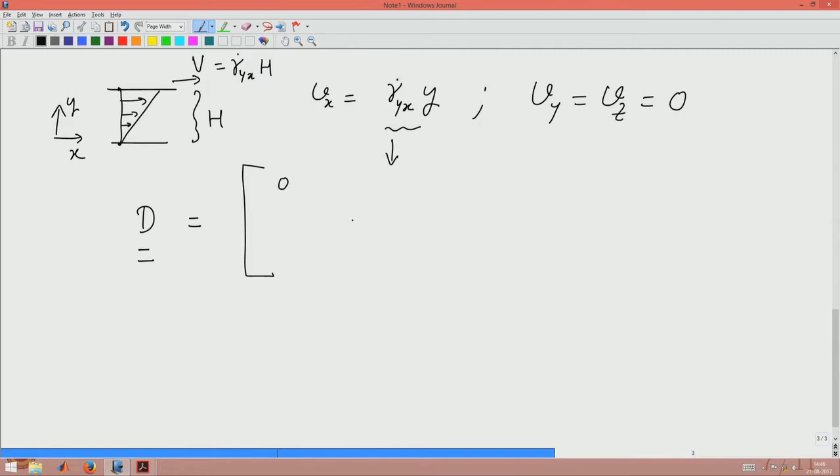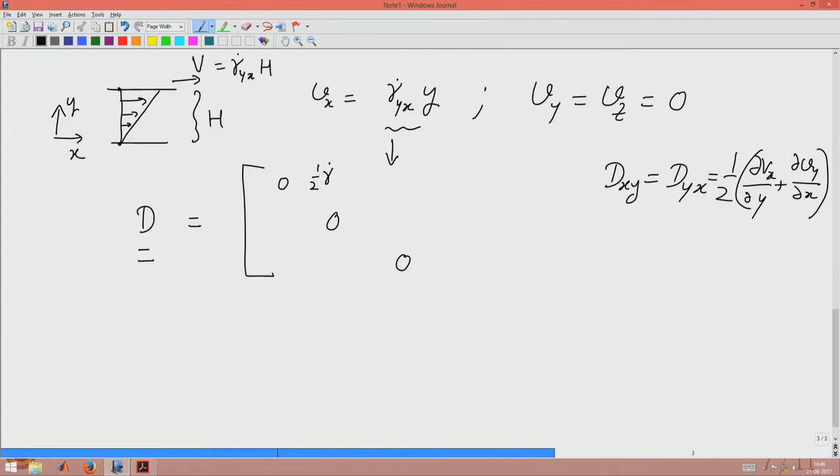Del Vy by del y is 0, right, because Vy itself is 0. Del Vz by del z is 0. Now remember dxy equal to dyx is half of del Vx by del y plus del Vy by del x, right. So, what is dxy? Half of gamma dot Yx. What about these other components? They will all be 0.